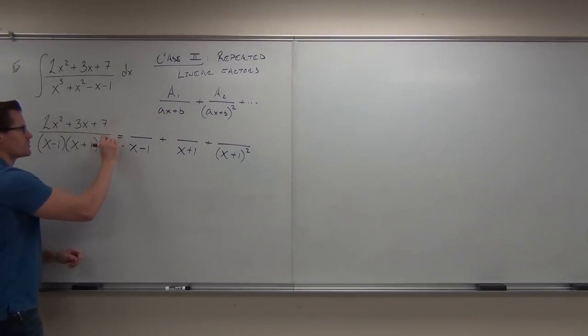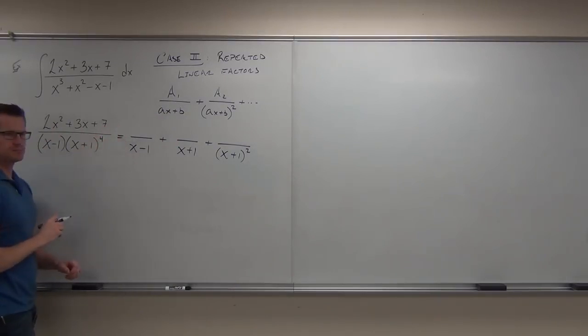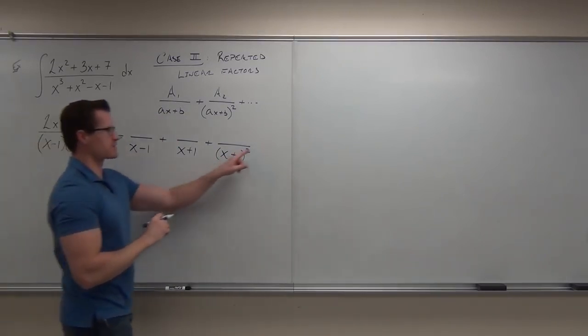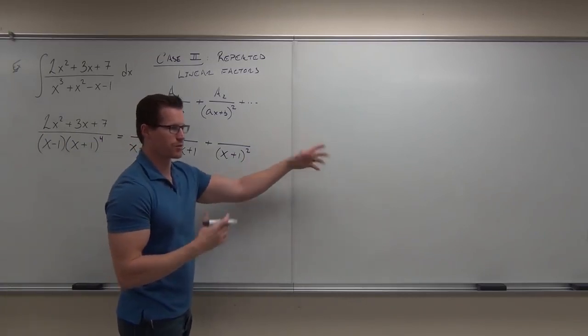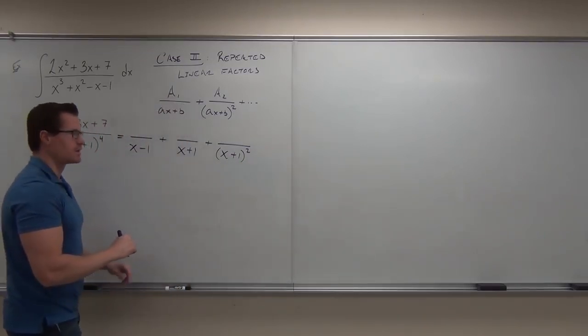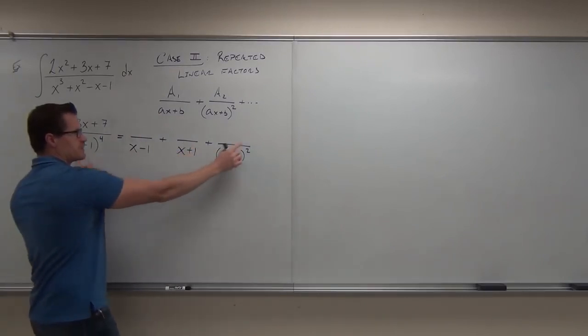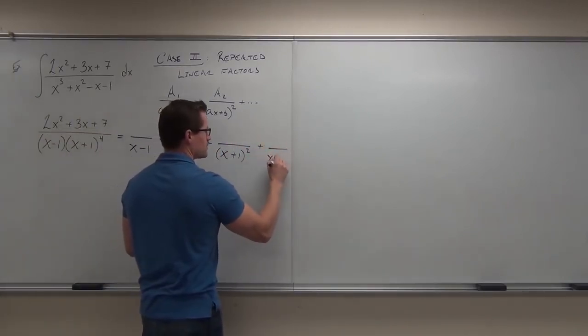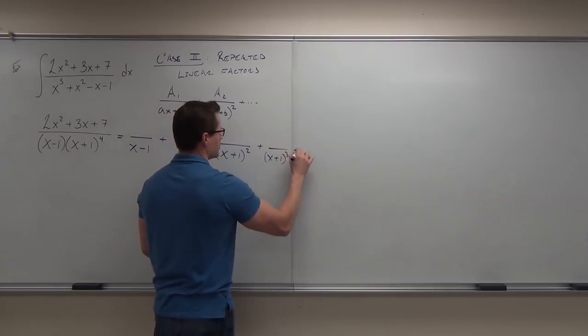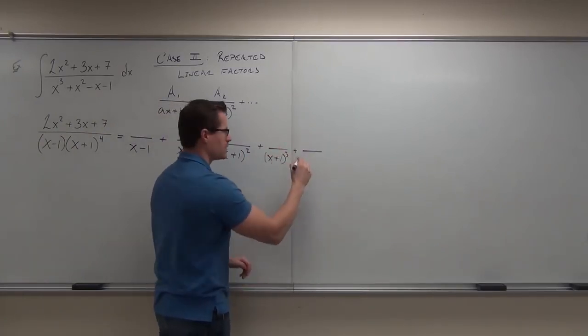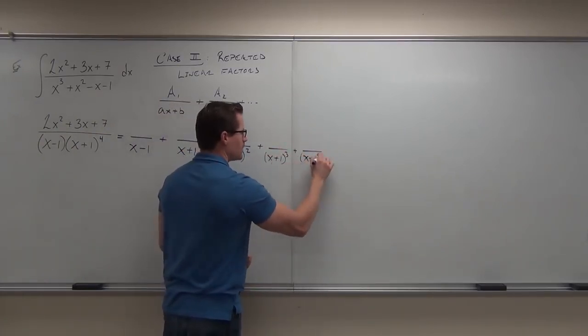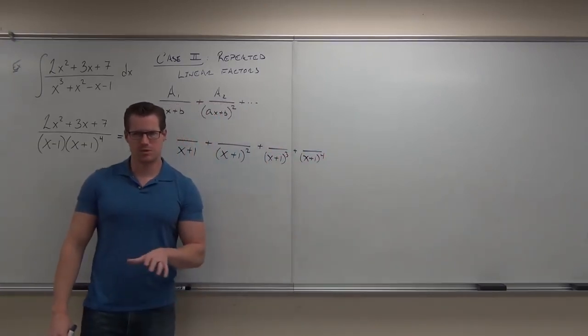What if this was to the 4th power? Keep going. I'd have x plus 1 to the 3rd, x plus 1 to the 4th. Does that make sense to you? So this one, we're done with that one. This one would be to the 1st, then to the 2nd, then to the 3rd, until you get to 4, until you get all the powers up there, until you exhaust all of them. You with me on that one?